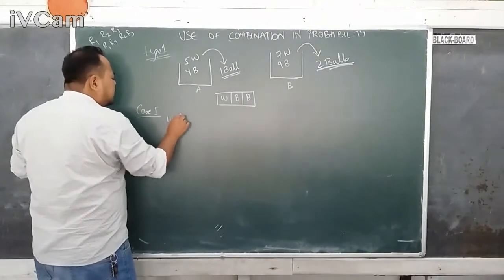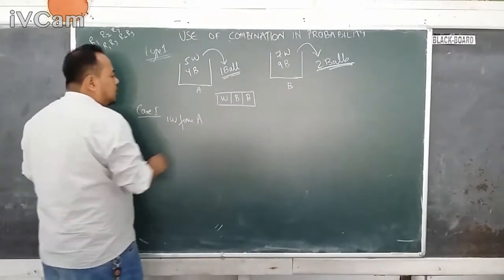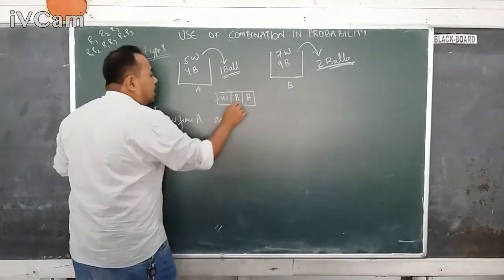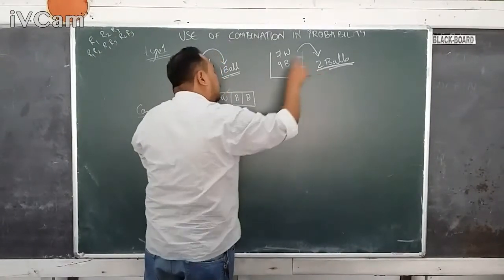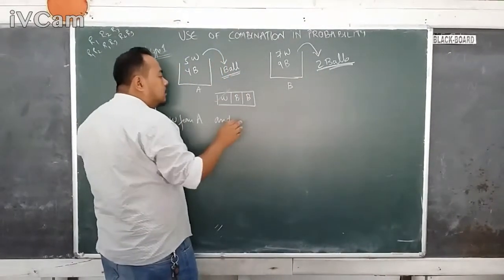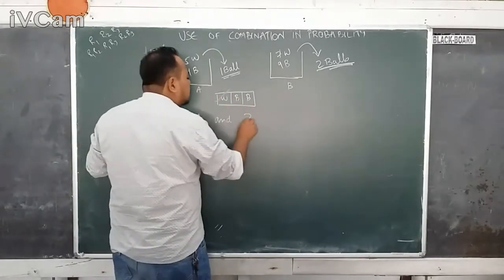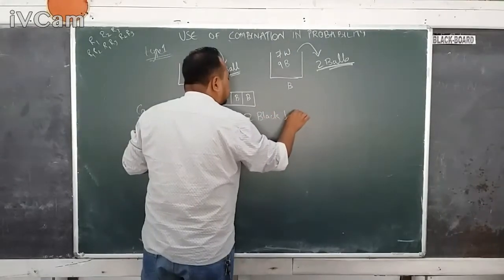So one white from A. Is that clear? So white I have taken out, and from bag B, how many balls am I supposed to draw? 2, and they have to be black because I need these colored balls, so 2 black from B.